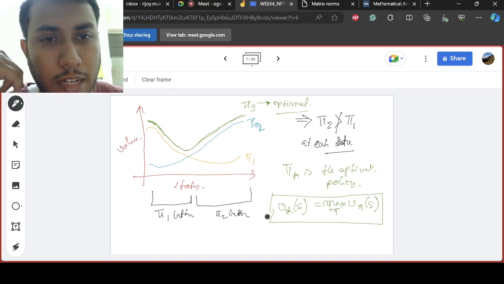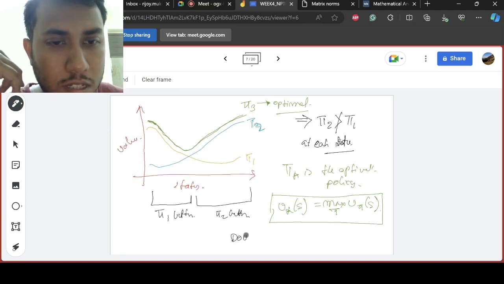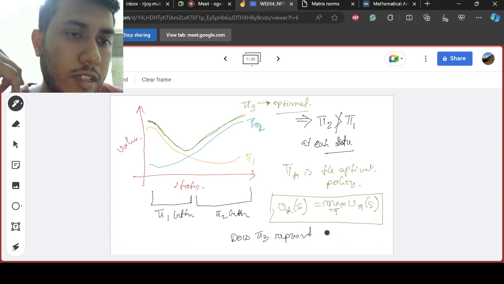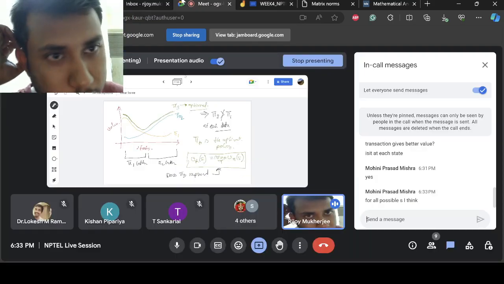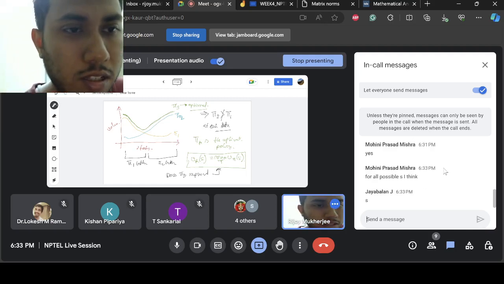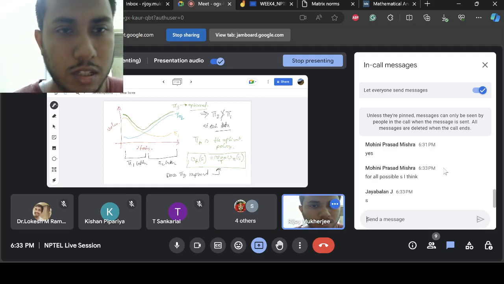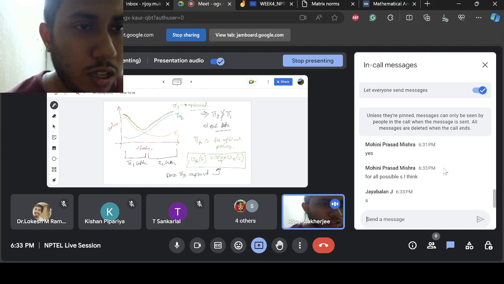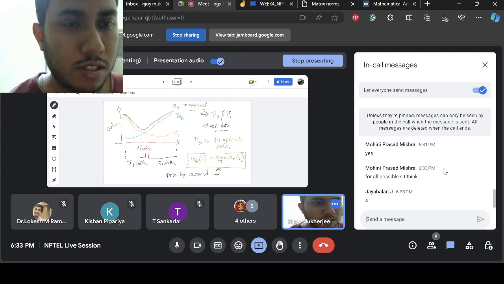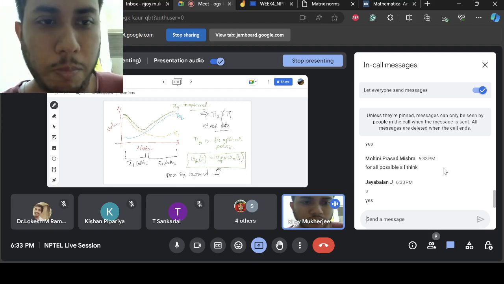Does pi 3 represent this? Yes, pi 3 represents this.